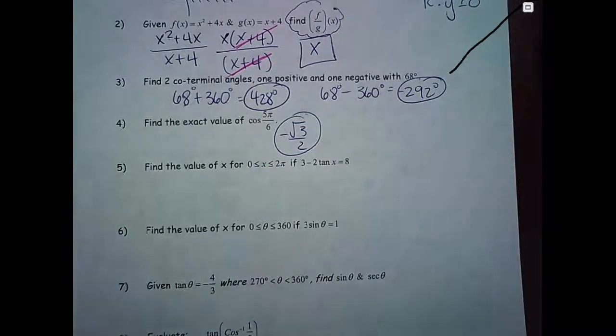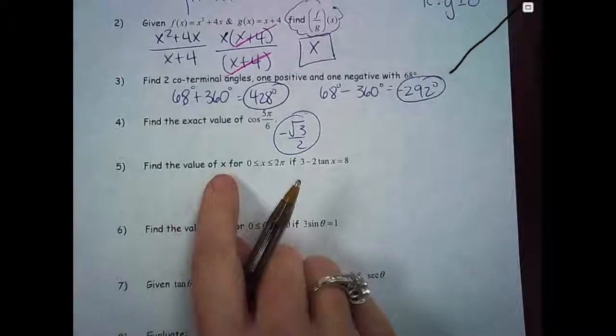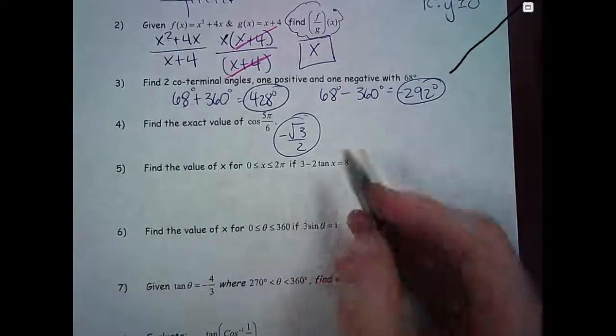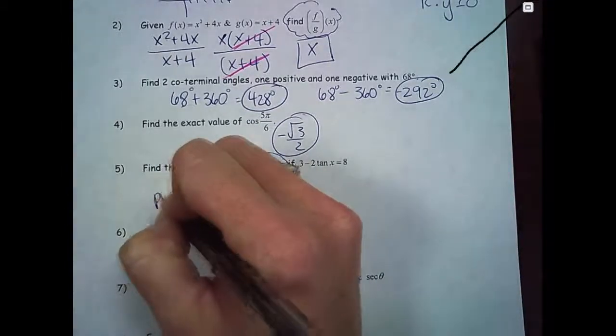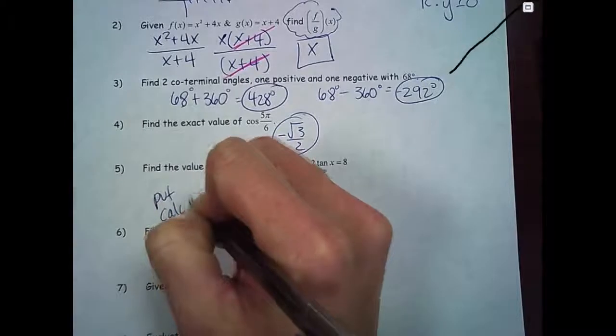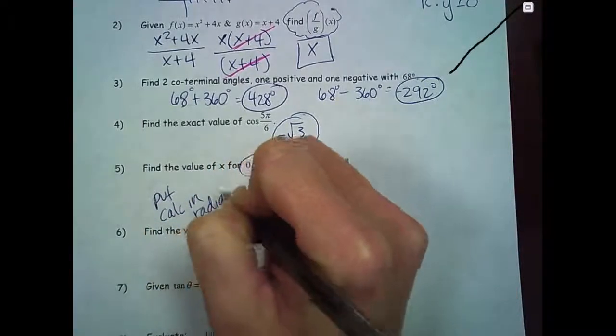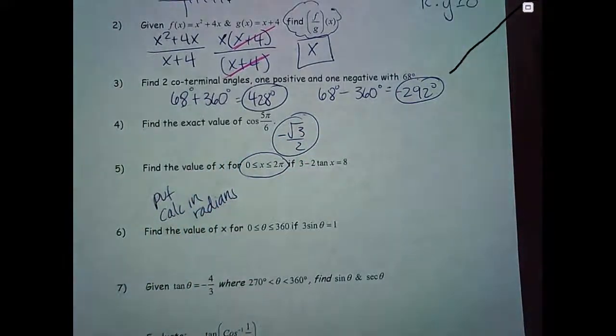Number 5. Find the value for x, and this time, look here. What's it in? Radians. So put your calculator in radians. Go to degree, find your mode, and hit radians.